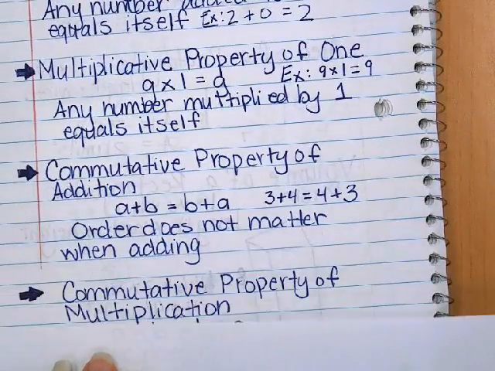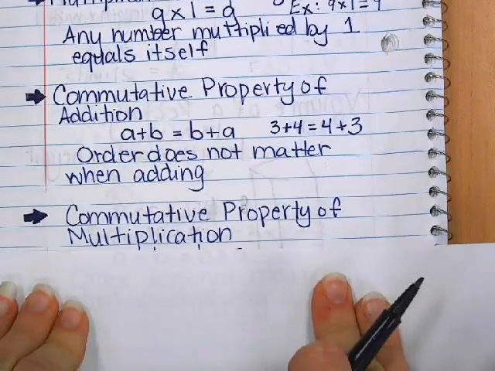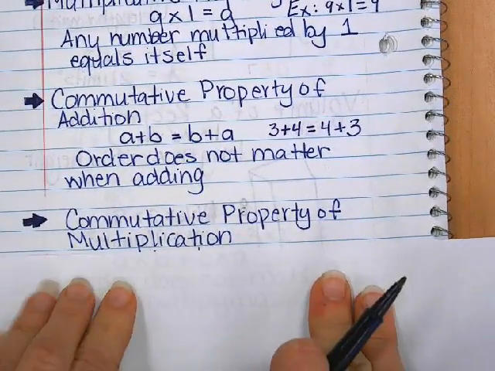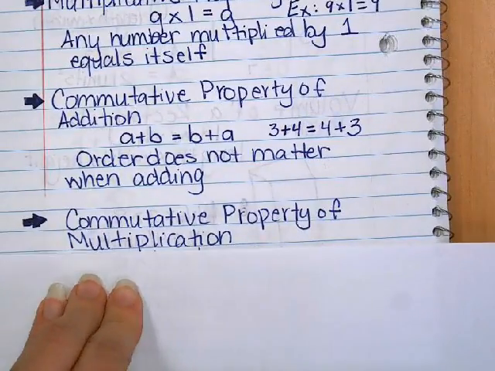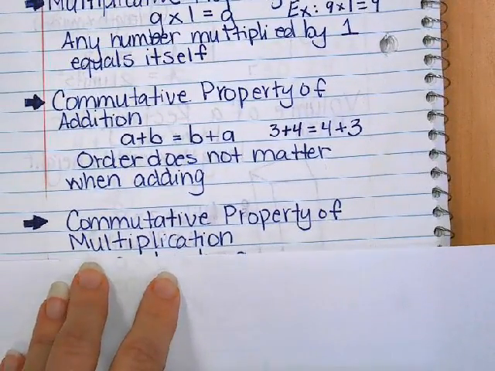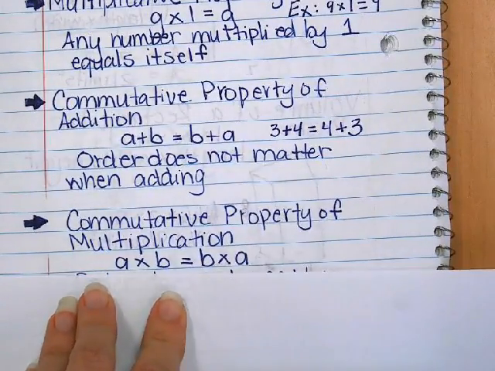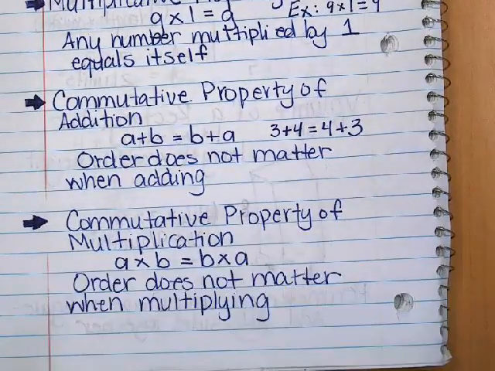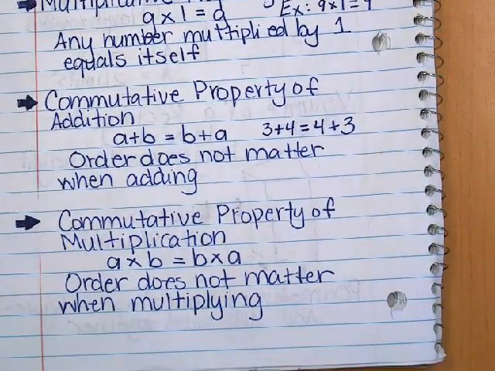The next one is the commutative property of multiplication. The same idea. It kind of goes along with our fact families that we've talked about. Like I always say, once you know one fact, you really know 4. Well, definitely when you know one multiplication fact, you definitely know 2, because A times B is the same as B times A. So order does not matter also when you're multiplying. And that even includes large numbers.